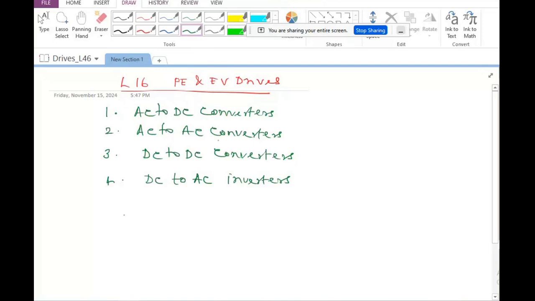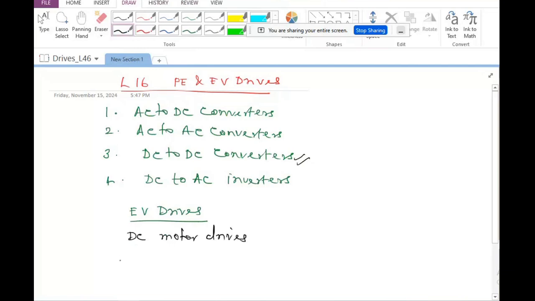Now we are going to start on EV drives. In the EV drives category, normally we will be looking at DC motor drive, but we had already discussed DC motor drive in quite a bit of detail when we were discussing choppers or DC to DC converters. So I will not be venturing into DC motor drives once again.